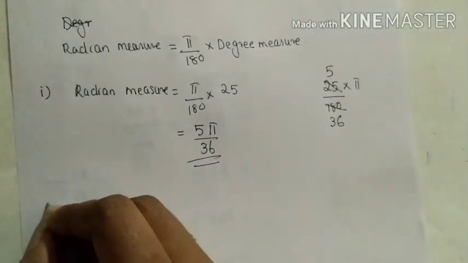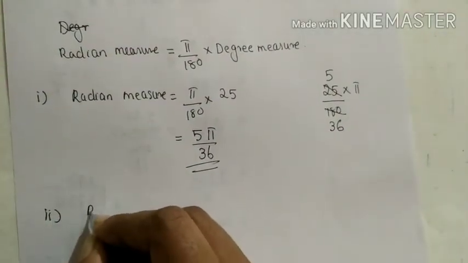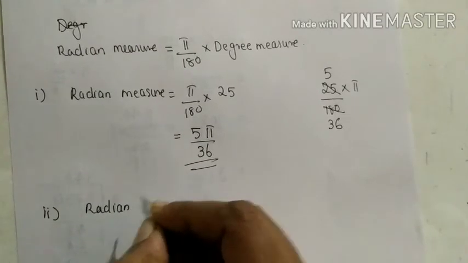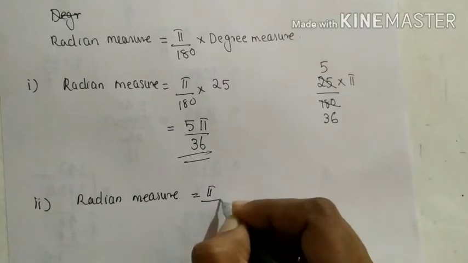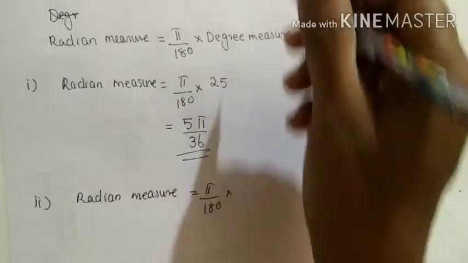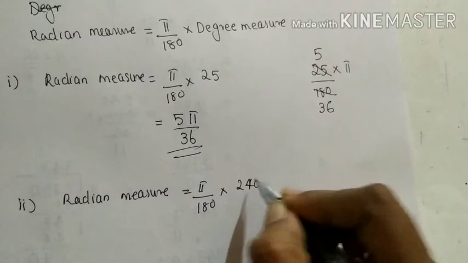And moving to the second question, we know that the radian measure is equal to pi by 180 into degree measure, that is given 240 degree.